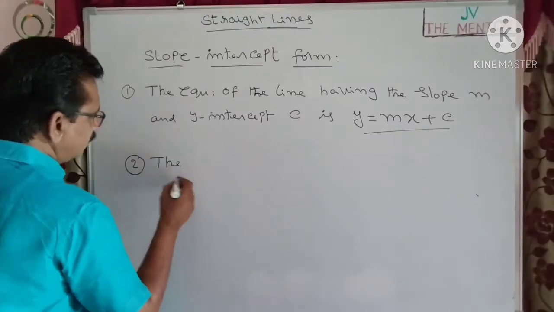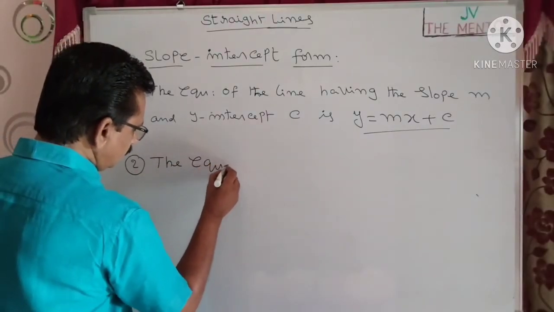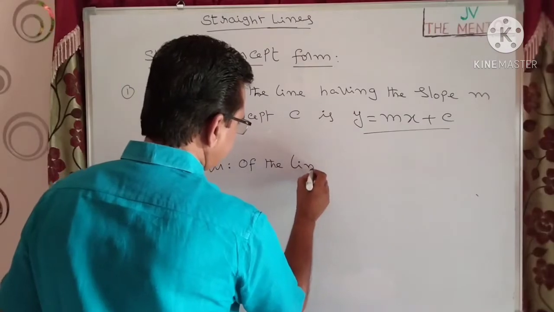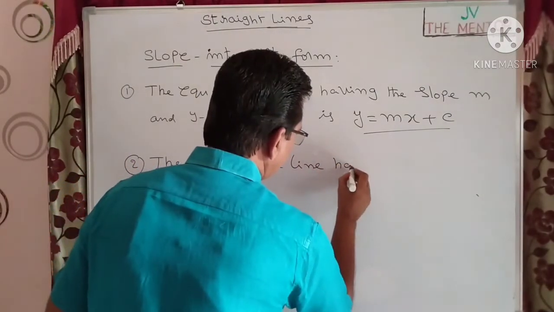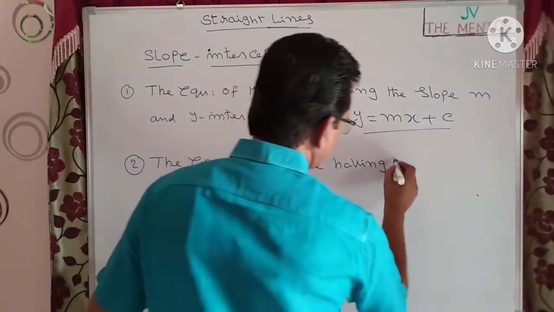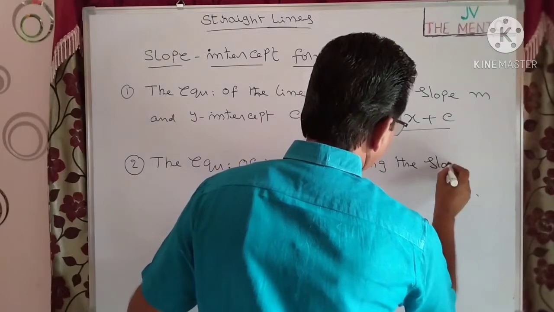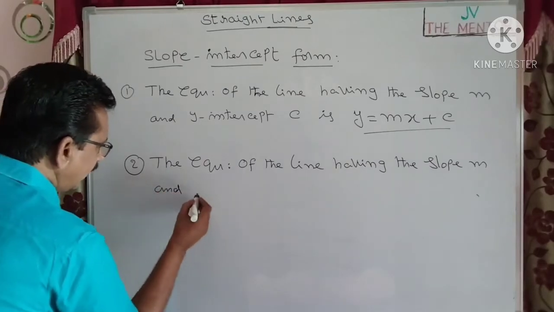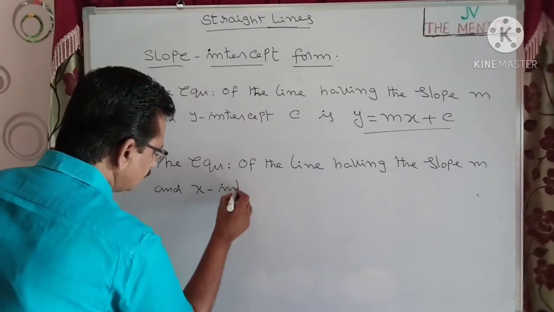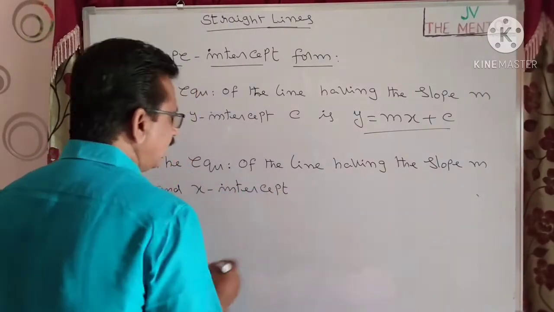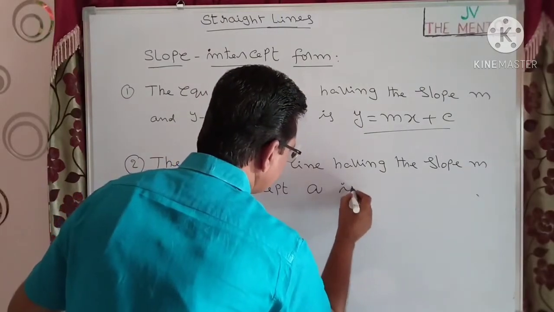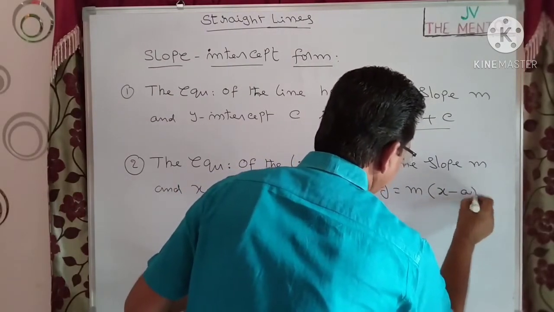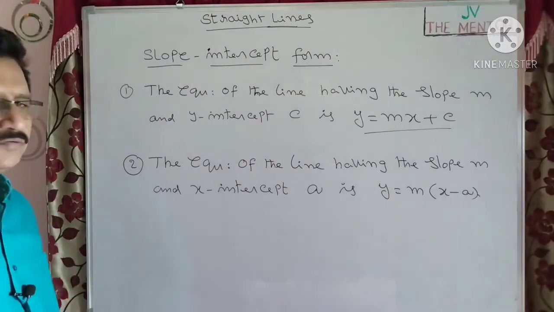The equation of the line having the slope m and x-intercept a is y equal to m into x minus a.